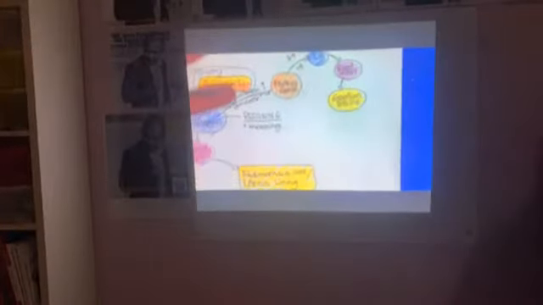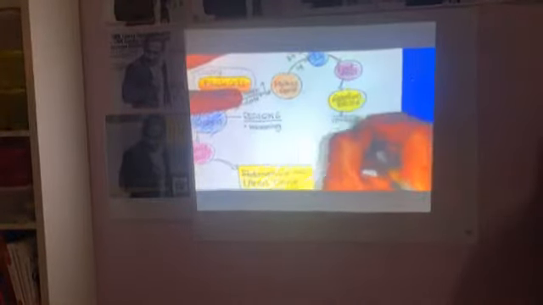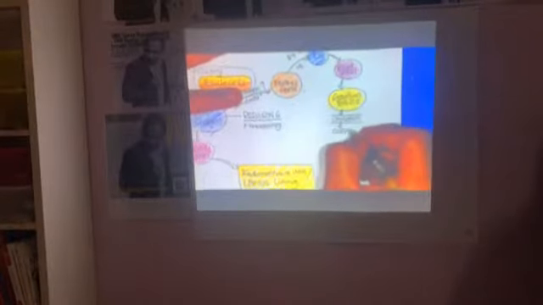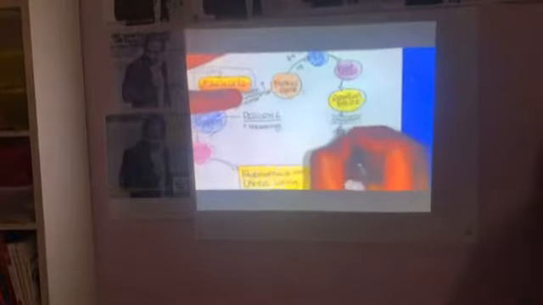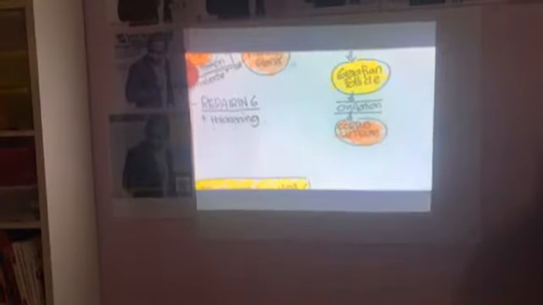Okay, so kita patah balik ke sini yang terakhir. So from the Graafian follicle, after ovulation, it becomes corpus luteum. So, corpus luteum will become the gland.